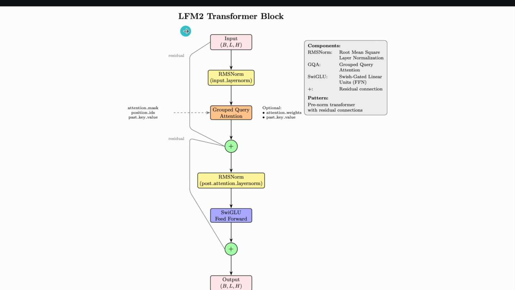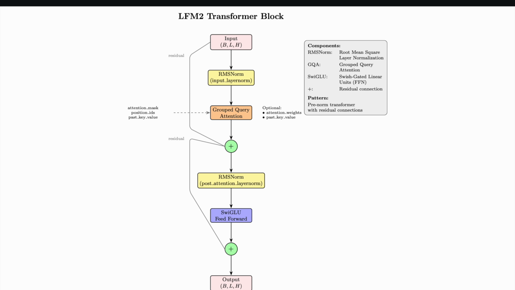And here we have the LFM2 transformer block, which has the input, and then right after the input we have RMS norm, and then group query attention to optimize the calculation. Then we have the residual connections, and right after that another RMS norm layer.